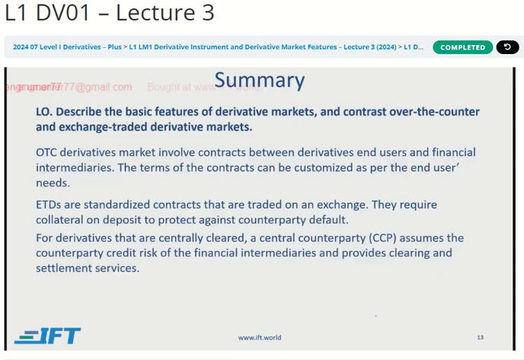Now, the second learning outcome here is describe the basic features of the derivative markets and contrast over the counter with exchange traded. So, over the counter is, of course, having a customized benefit, right? Whereas exchange traded is standardized. And the benefit of exchange traded is that the counterparty default risk is low, because both parties are required to have a collateral.